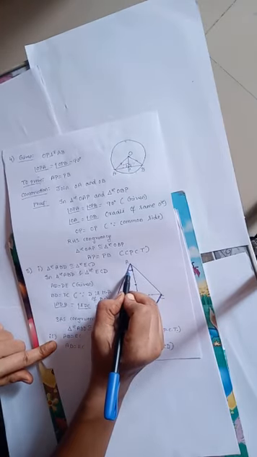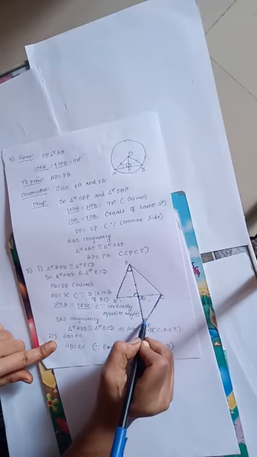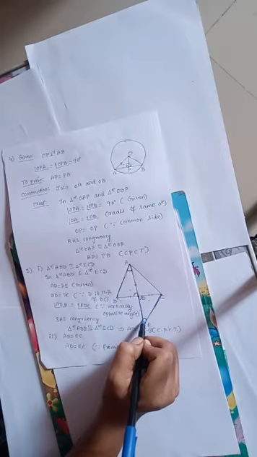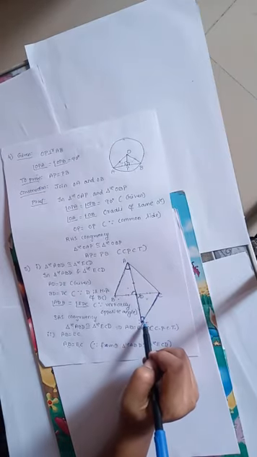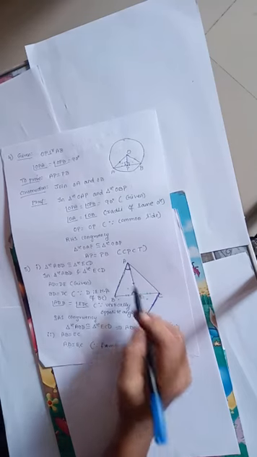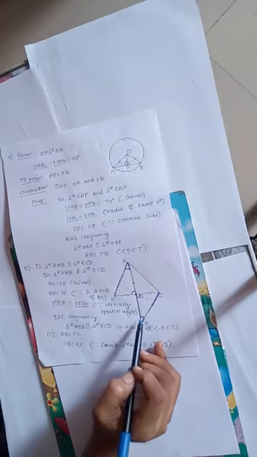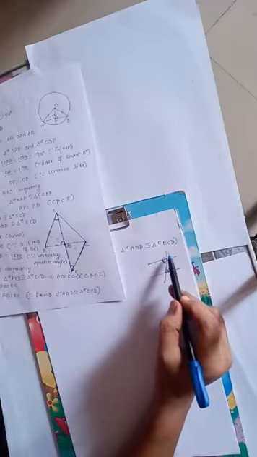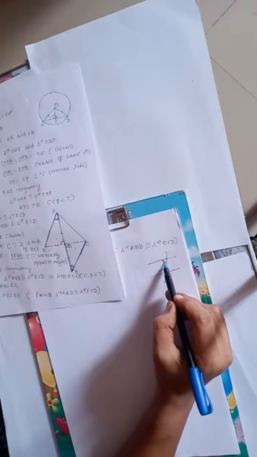Whatever the corner angles here, that is BAD and CED, these corner angles are equal. Now in what situation are these two angles equal? Only when these two lines are parallel. If these two lines are not parallel, these two angles are never equal. For two parallel lines with a transversal passing through them, the interior alternate angles are always equal.